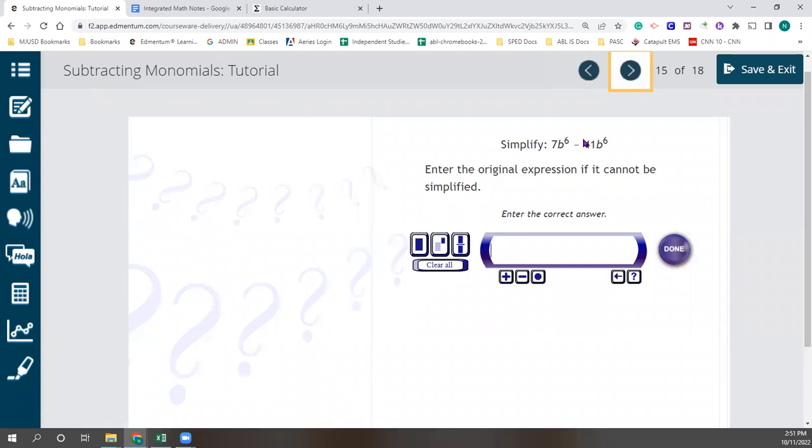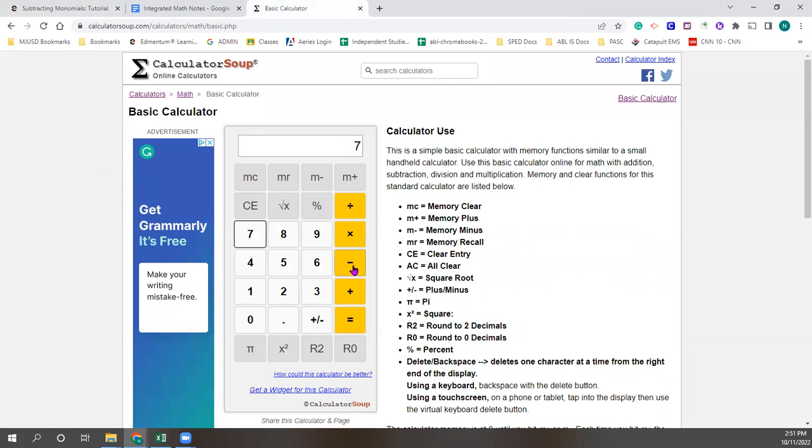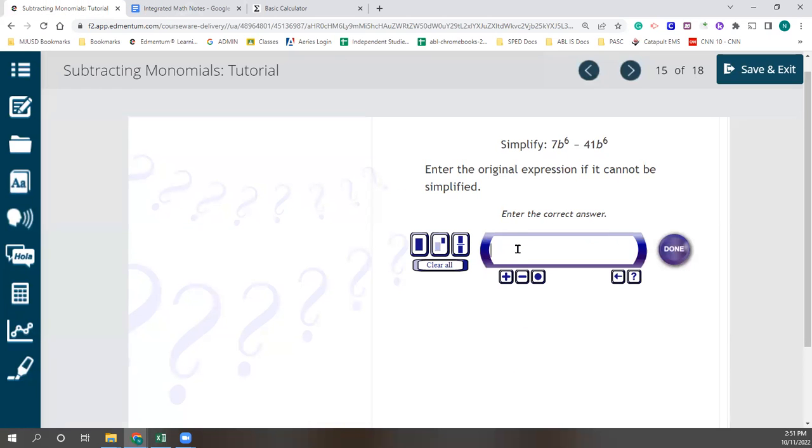Nice. 7b minus 41b^6, they're the same. 7 minus 41 equals negative 34, sorry. Negative 34b to the 6th power. Enter, done.